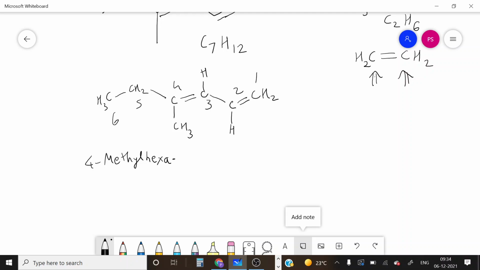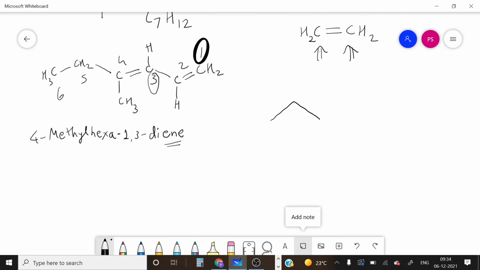Now you tell me from which position the double bond starts. First and third position. So I have to write 1,3-diene. Two double bonds are there, that's why we put diene.